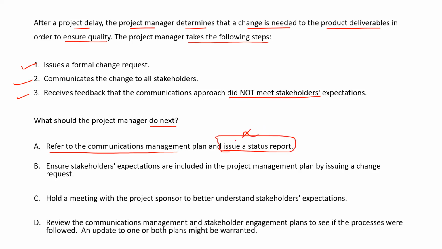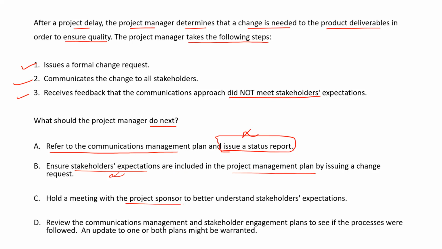Because of that, this answer is wrong. Ensures stakeholders' expectations are included in the project management plan by issuing a change request. Stakeholder expectations in the project management plan, for sure you have already done it.